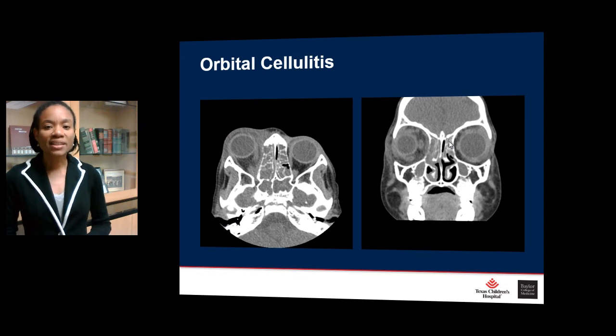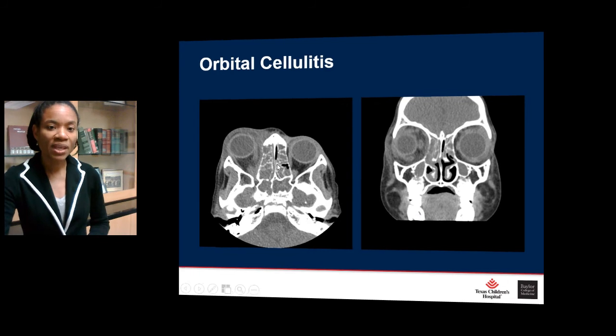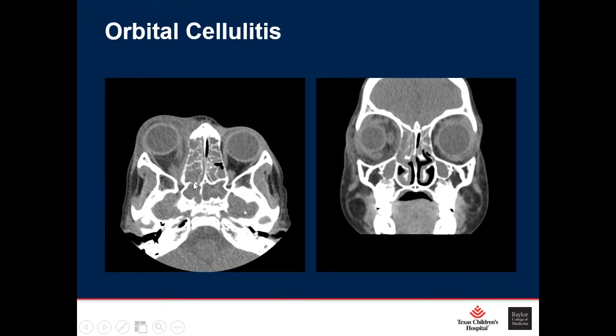In orbital cellulitis, and really in all of the categories, even though the disease begins in the sinus itself, there is a breach of the lamina papyracea, the thin bone between sinus and orbit. And when this happens, disease enters into the orbital space.